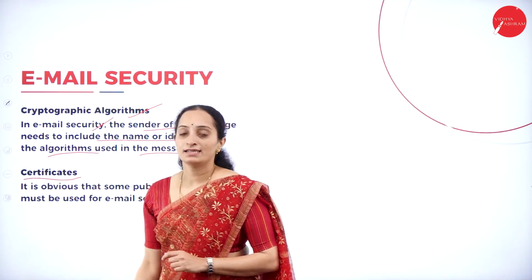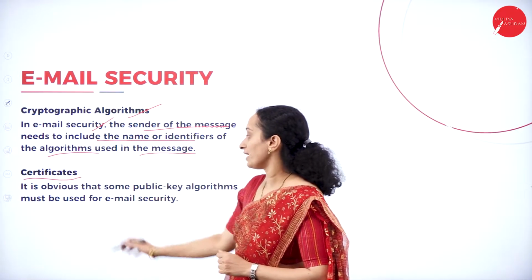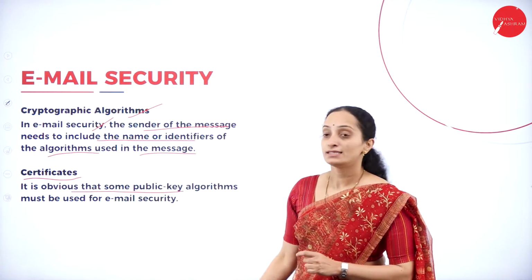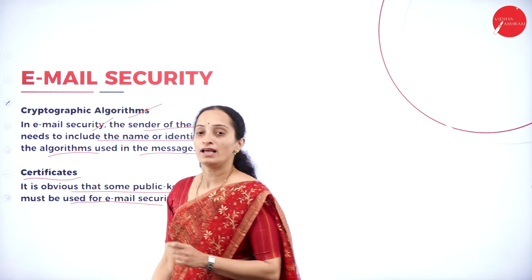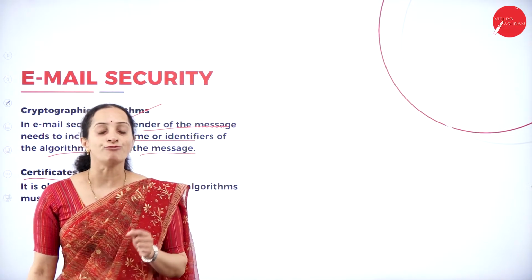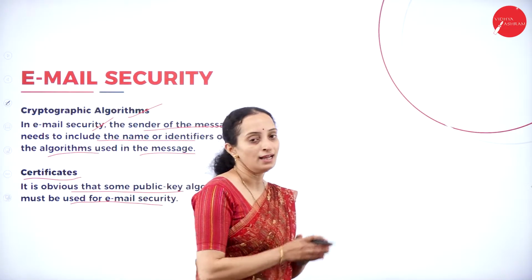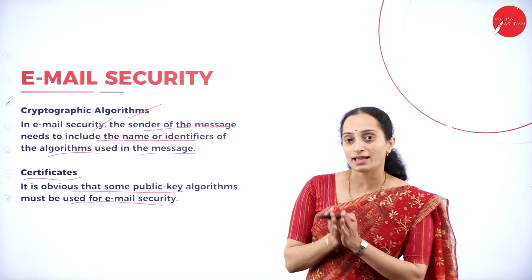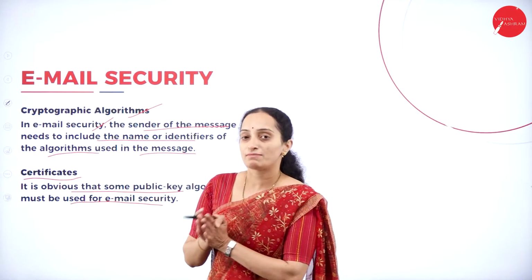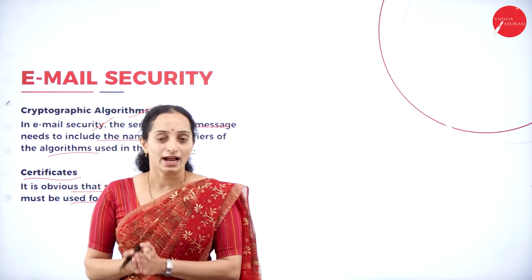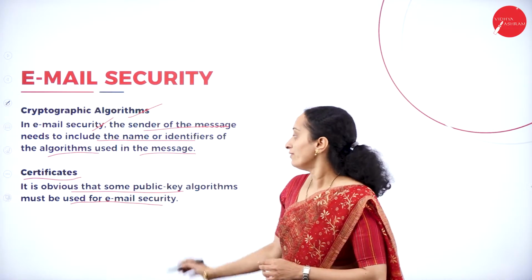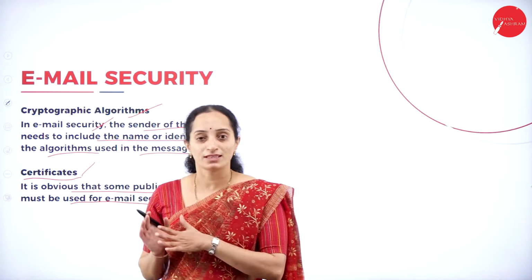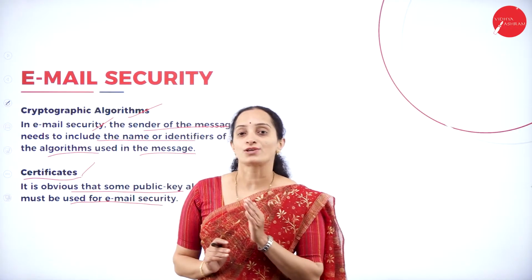Along with that, it will ensure the certificates. It is obvious that some public key algorithms must be used for email security. We make use of a certification authority, and certificate checking and authentication, before the message is stored and retrieved. We need the certificates to be attached with the message to secure the data in the mail.